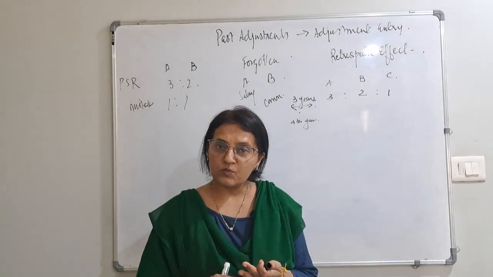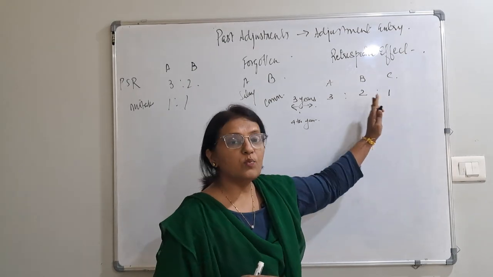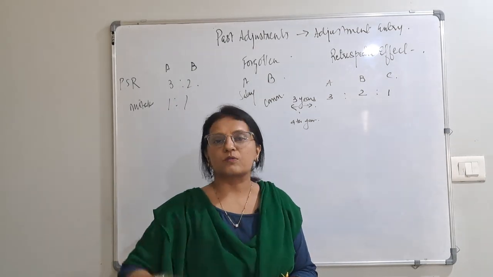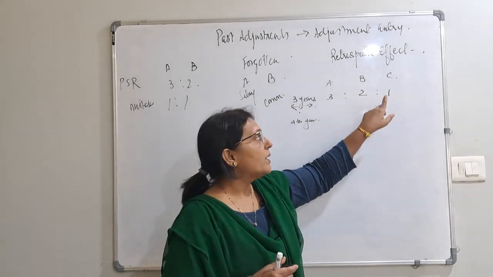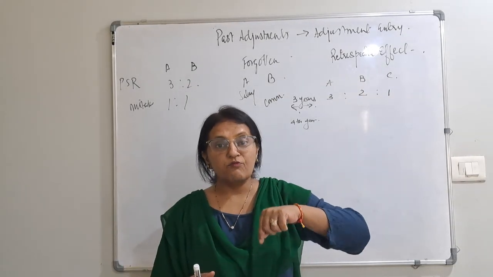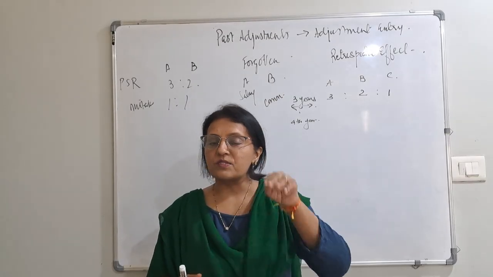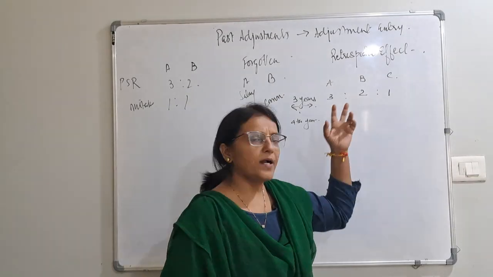He is working more, and his capital is also more. So now he is demanding an equal share for the past 3 years also. In the past 3 years, he got only 1 share, whereas B got 2 and A got 3. But now C is demanding an equal share right from the past 3 years. So this is retrospective, where both the partners agree.